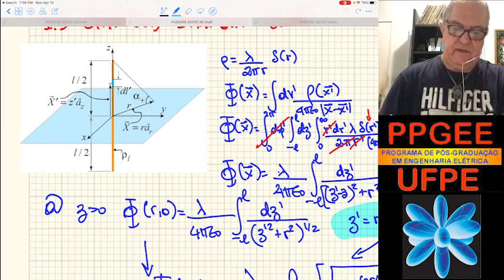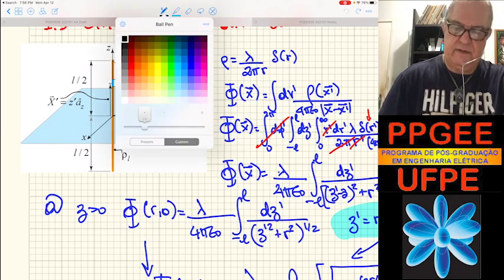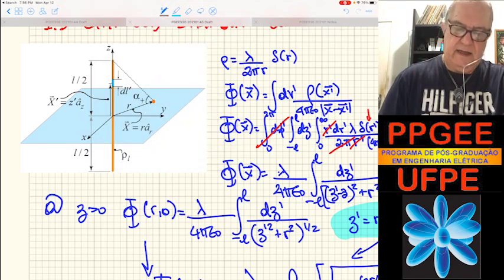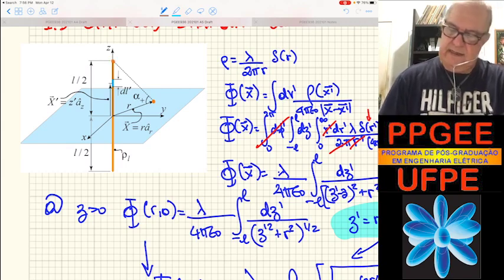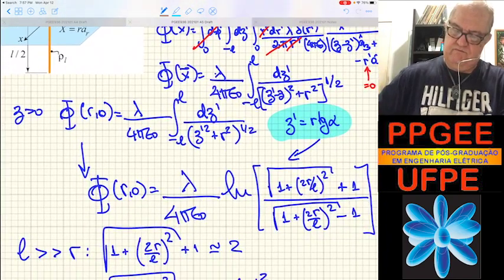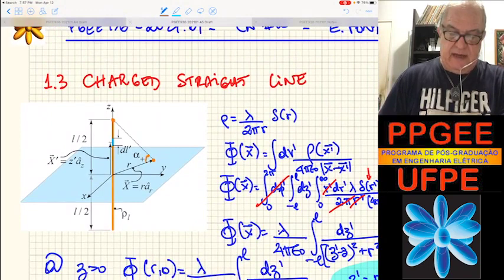So, for instance, at this point, I'm going to use something smaller here. Something like this. At this point here, okay, I mean, if you go through the tip, I think, yeah, we have a maximum angle, which is L over 2.